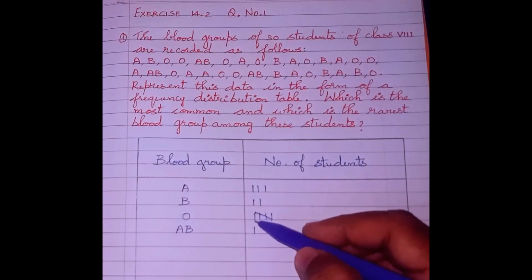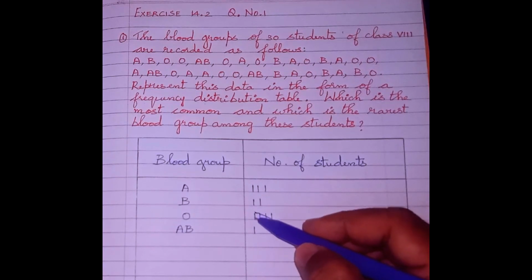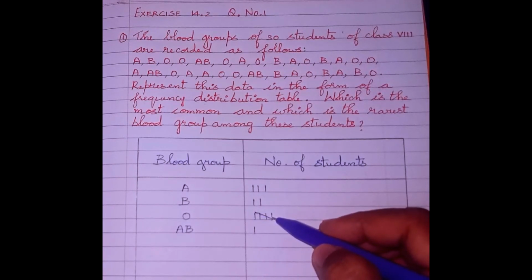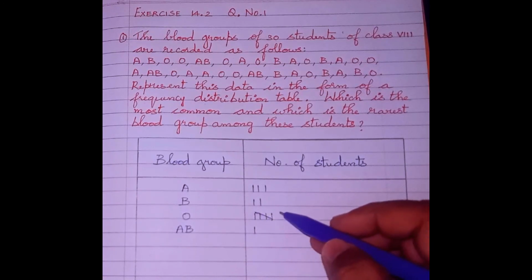This is to make counting easier, because each 5 will be represented like this. Whenever you see this, you will know immediately that there are 5 lines. So each 5 lines can be added easily. That is why we are grouping in groups of 5. So every 5th tally mark is made as a cross line along the other 4.